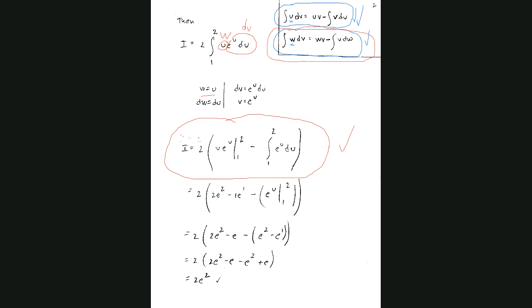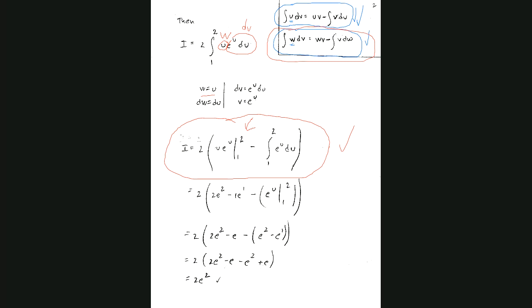Of course, now the u limits stay 1 and 2, because we did an integration by parts, and the limits don't change when you do integration by parts. Then we just proceed to solve the problem.